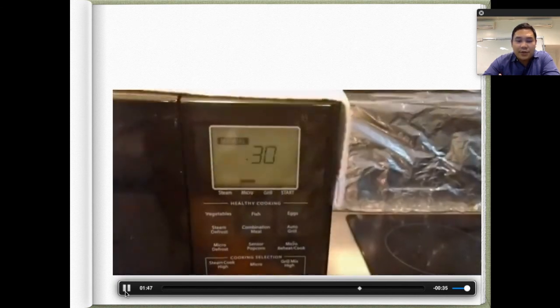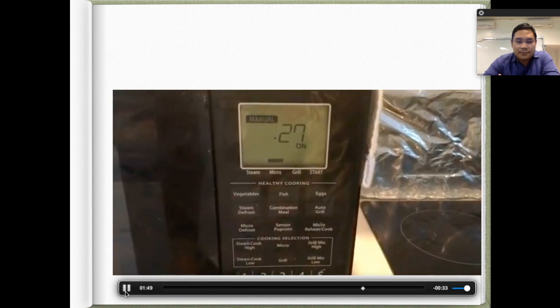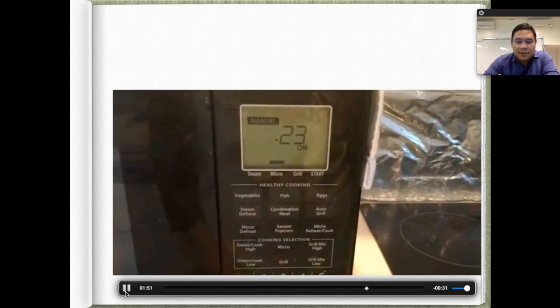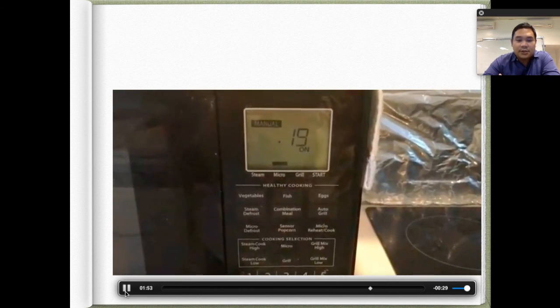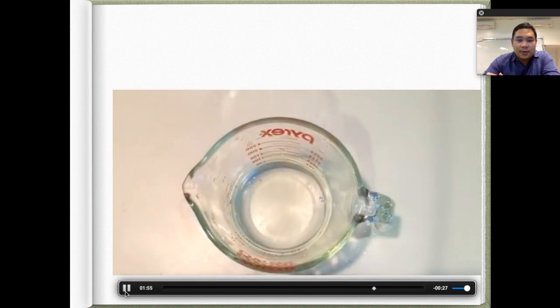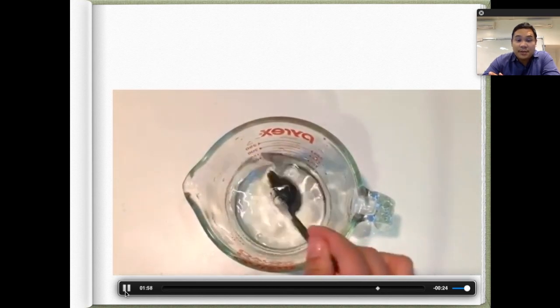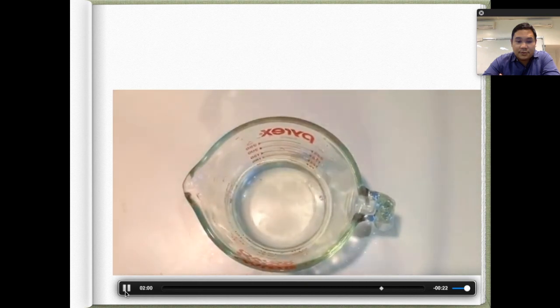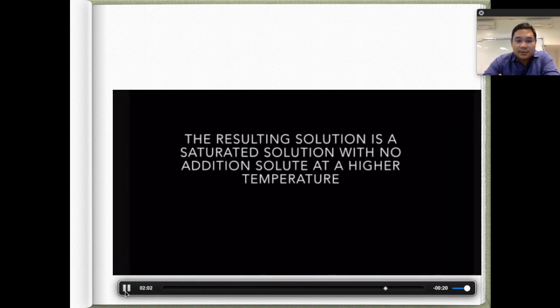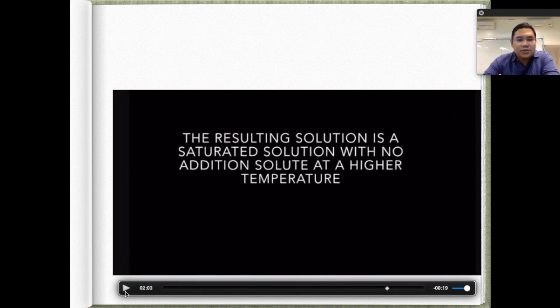However, if we heat up the solution, let's observe. Upon heating, the sugar has been dissolved. Now, the resulting solution is a saturated solution with no additional solute at a higher temperature.